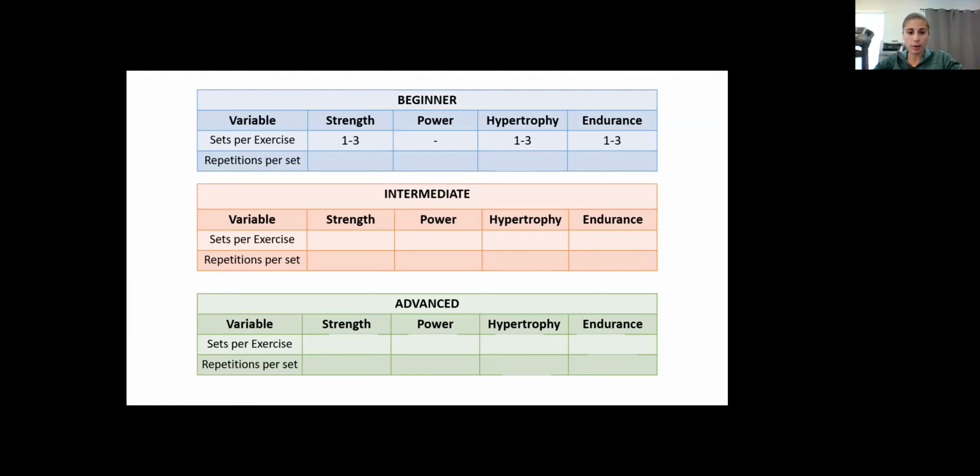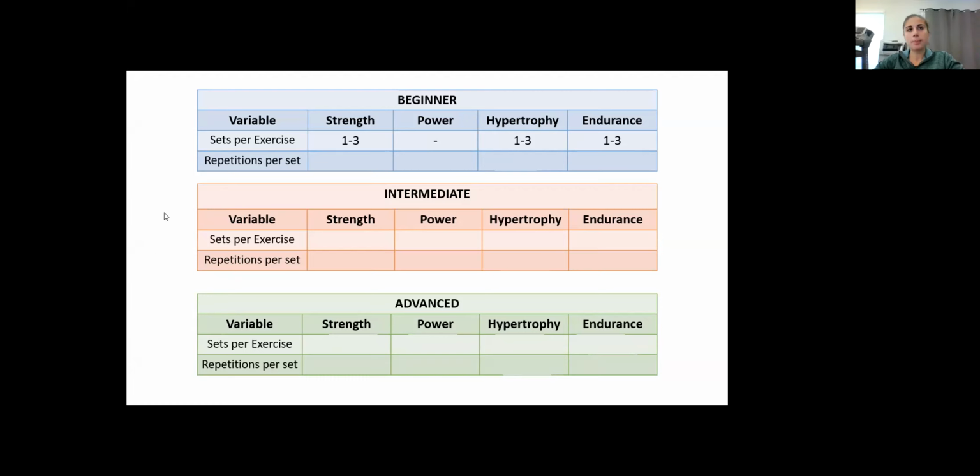Strength, hypertrophy, or endurance? Endurance, yeah. So I'd recommend a beginner client who doesn't have much experience with training to start with muscular endurance. You got it. Yep. So that is beginner.